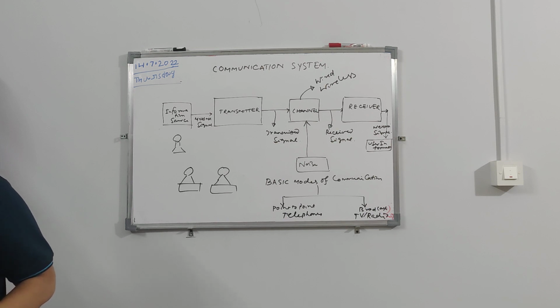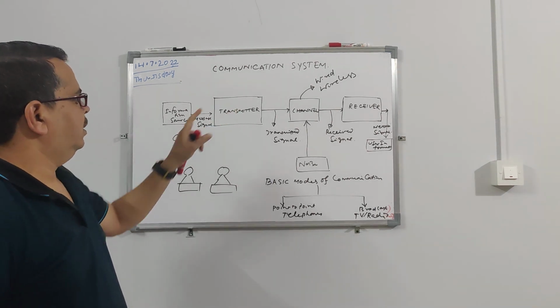The purpose of the transmitter is to convert the message signal produced by the source of information into a suitable form for transmission through the channel. So what does the transmitter do?